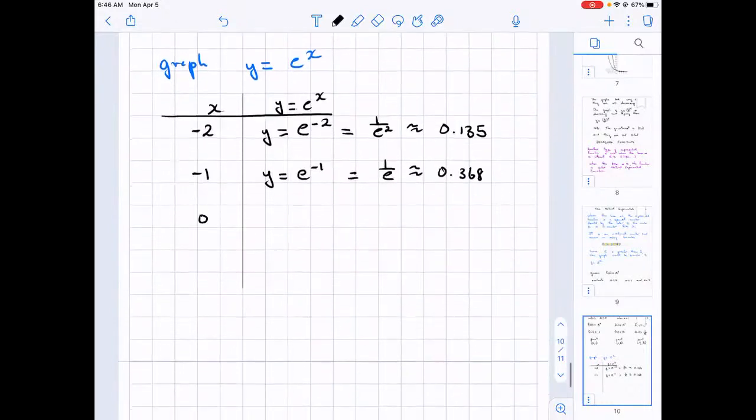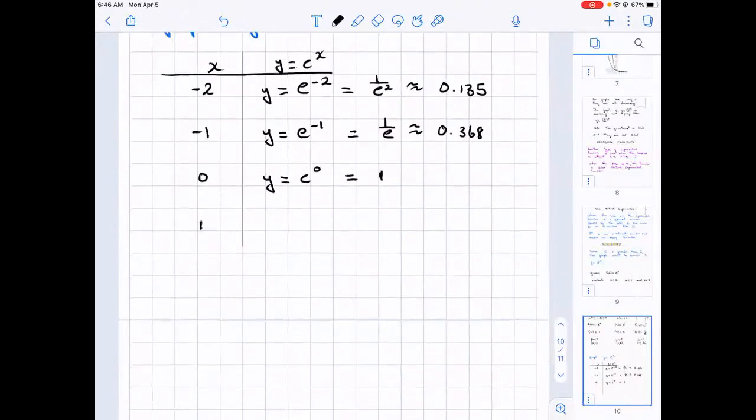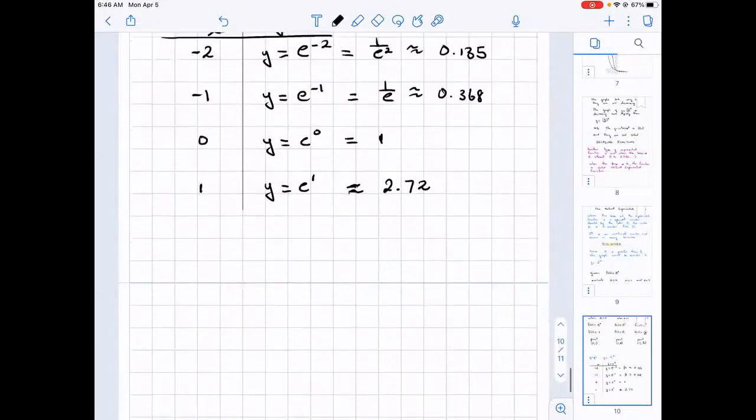And you can continue doing this. You're going to have e to the 0, which is just 1, okay? If we have a 1, you have y equals e to the 1, which is approximately 2.72 if I round to 2 decimal places, okay?